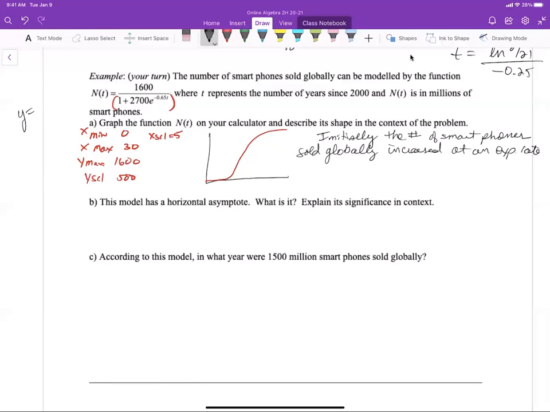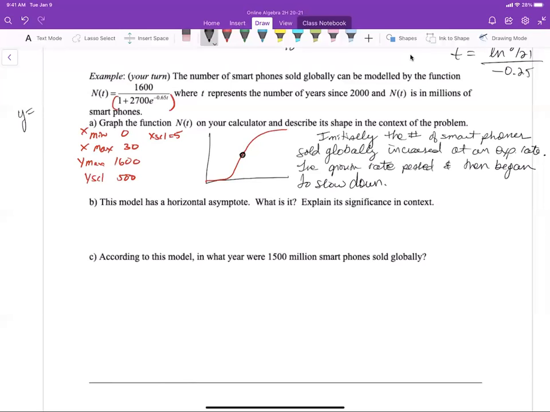Eventually the growth rate peaked and then began to slow down. Where did that happen? That happened at that inflection point.